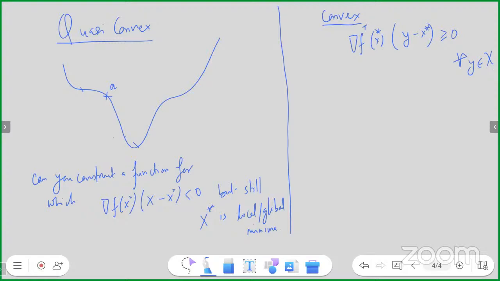We proved it, right? If x star is local minima, this better be true. That's what we proved. What was the logic there? The secant joining those two points always has to be above the function. Did we use that? Pictorially, that's what it is. Okay, then Victoria will tell me this need not work, if at all. If you want to create something else, that's fine.